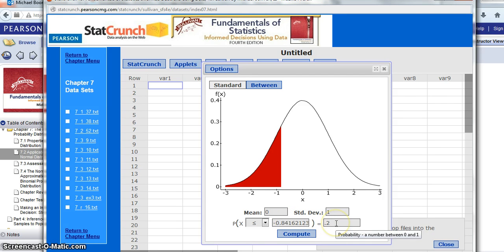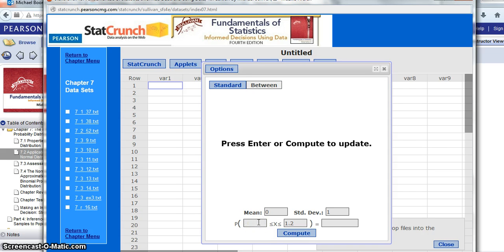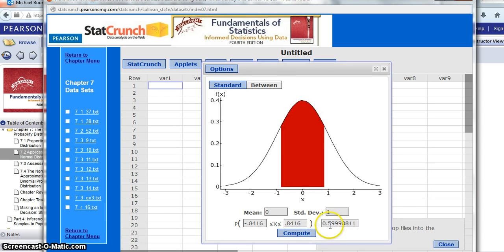So this is about -0.8416, and we'll verify this by looking over here. -0.8416, and then +0.8416. And that should give me about 60%. That's my middle 60%, and I have 20% to the left and 20% to the right. So I hope that helps with that question.